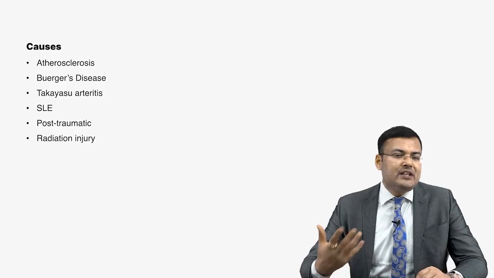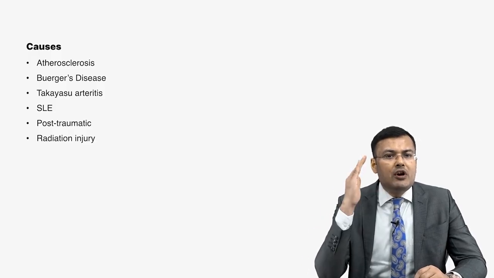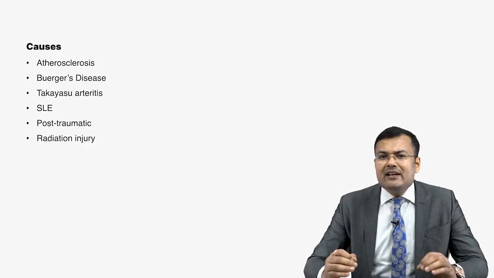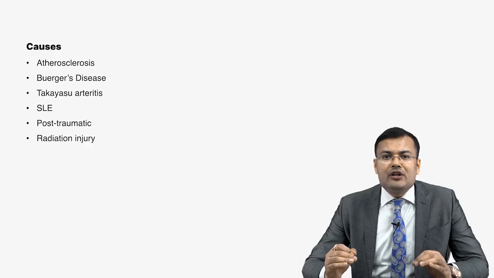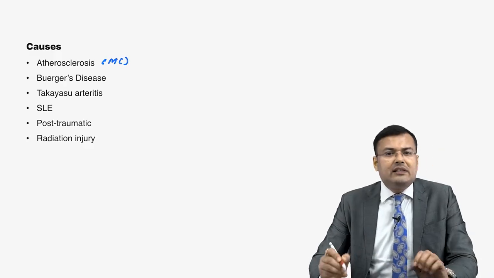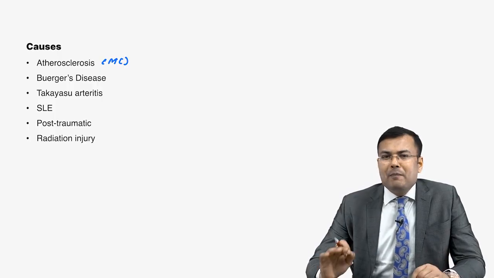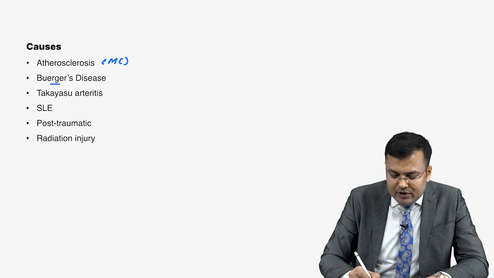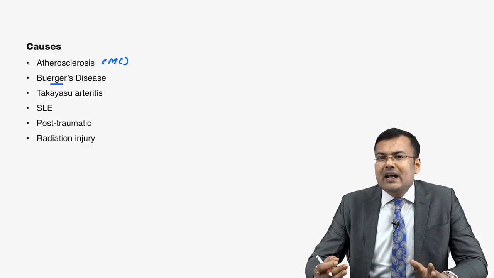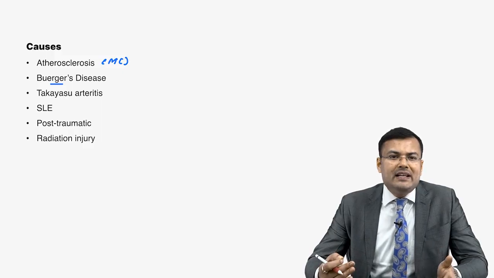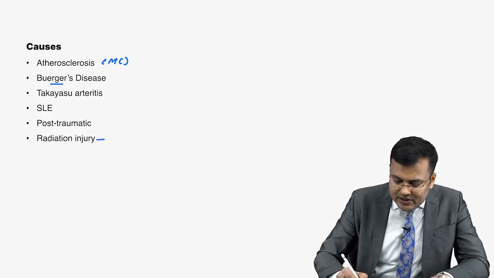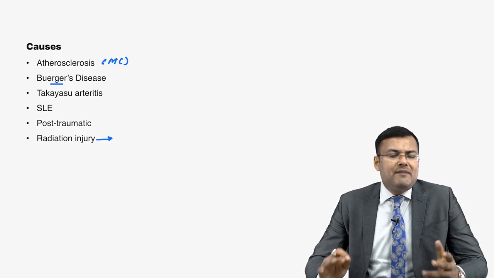It is the most common cause of peripheral arterial occlusion, most common cause of extracranial aneurysm, most common cause of subclavian artery stenosis, and the most common degenerative disorder of vessels.